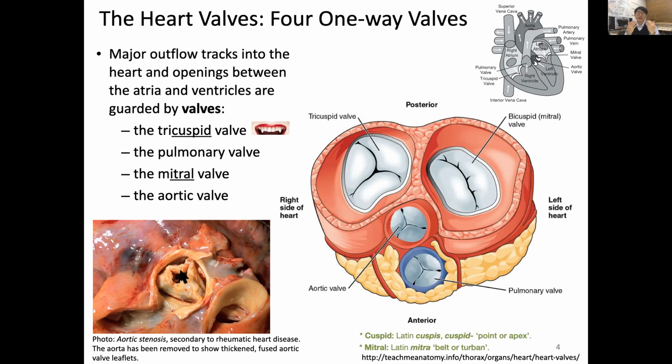The problem of this artificial valve is that it can cause turbulence after the valve. And what's the problem of turbulence in blood flow? Turbulence can cause a stagnation point within this system, which means the blood doesn't move very much. So when the blood stops flowing, it can cause a blood clot.